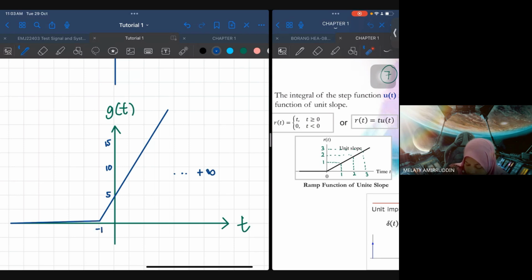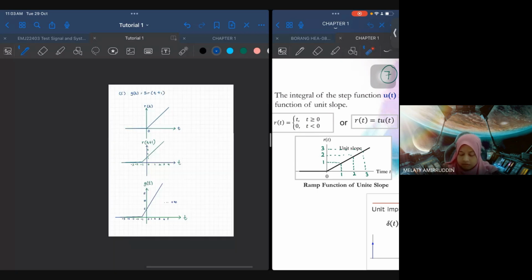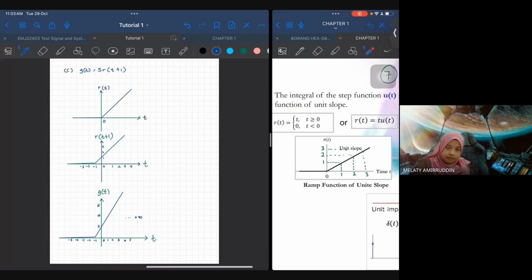This is -1, this is 0. Okay? Do you get how to do it? I hope you get how to do it, okay?